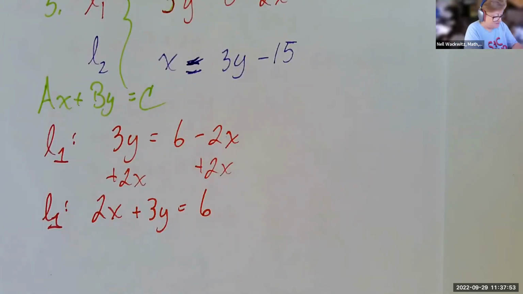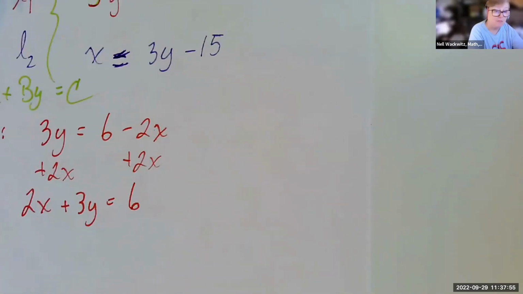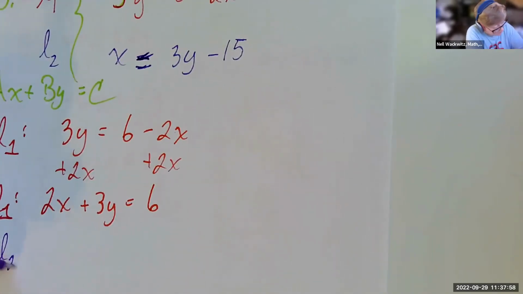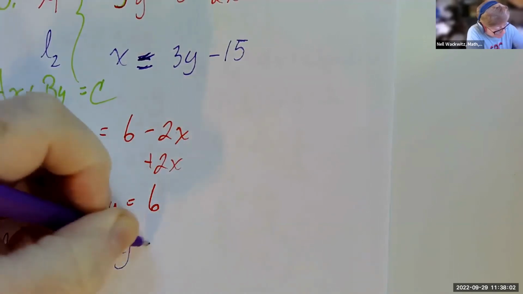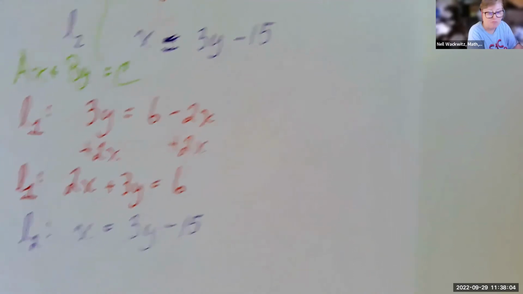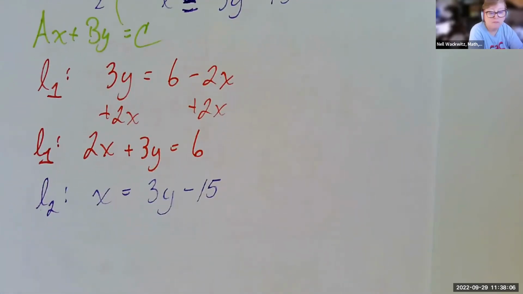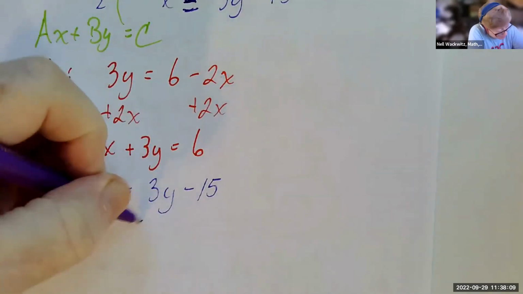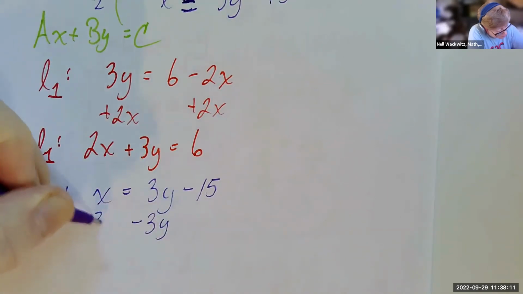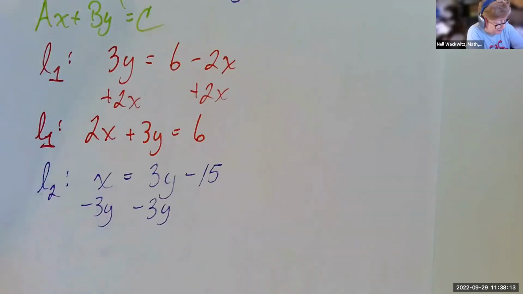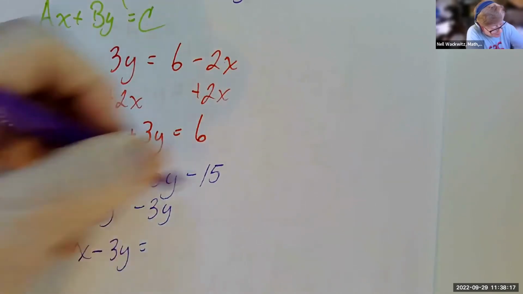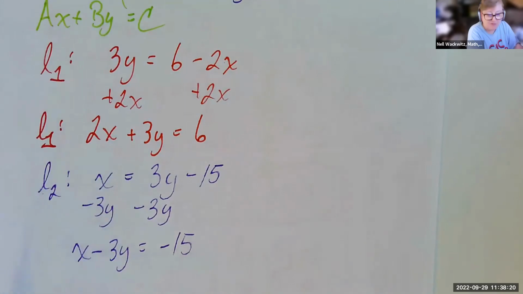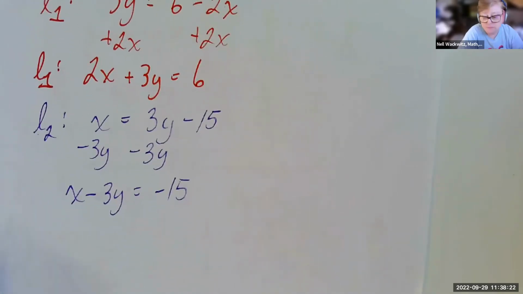Is line 2 already in standard form? No. All right. Right now we've got x equals 3y minus 15. Subtract 3y. And that gives us x minus 3y equals negative 15.